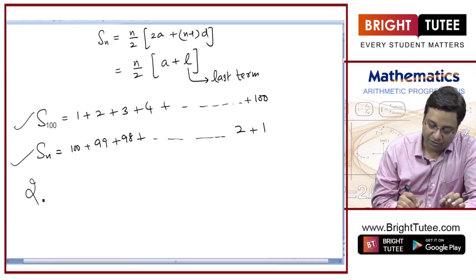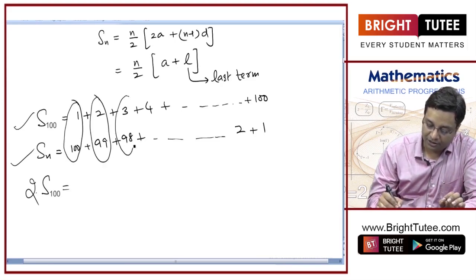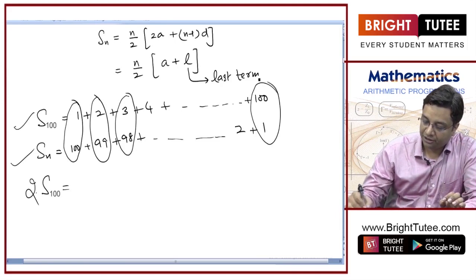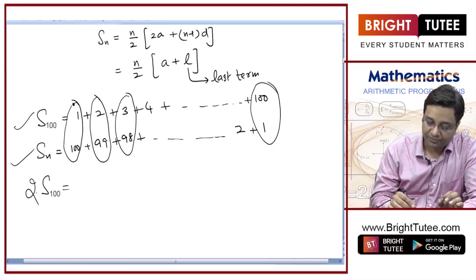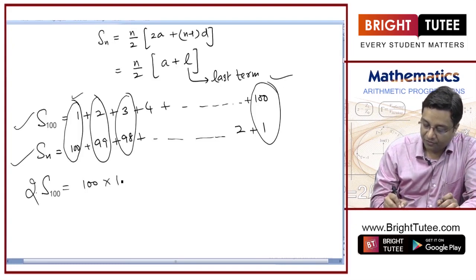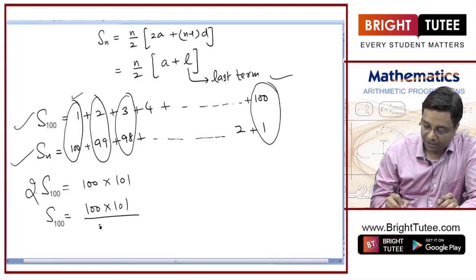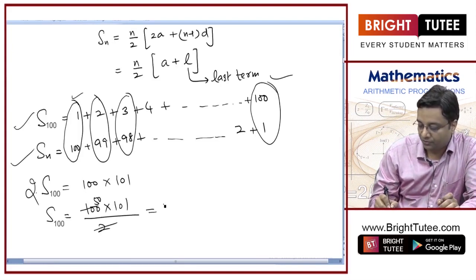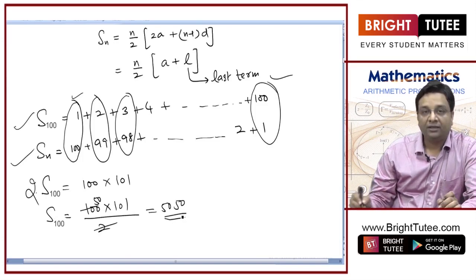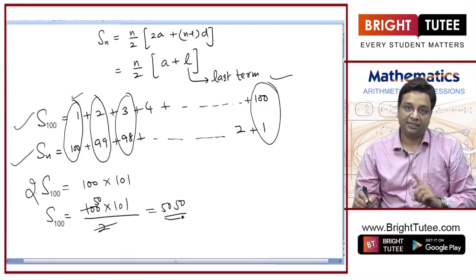Now if I add these two expressions, twice of Sn will be equal to 101 plus 101 plus 101 plus 101. How many times? 100 times. So it is equal to 100 times 101, right? So Sn will be equal to 100 into 101 by 2, which is equal to 5050, right? This is the same algorithm that we took while proving the formula for Sn, right?